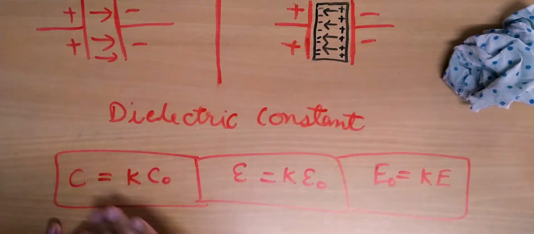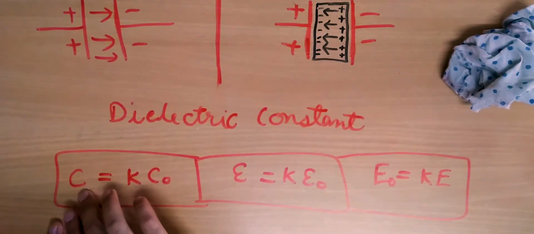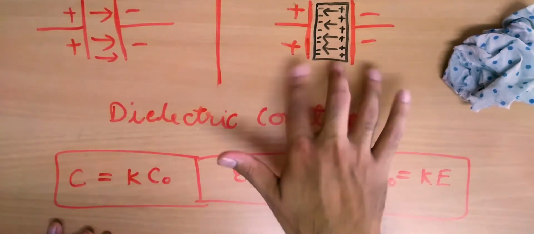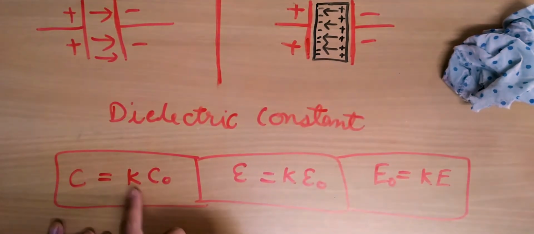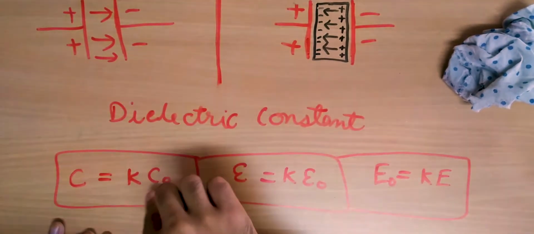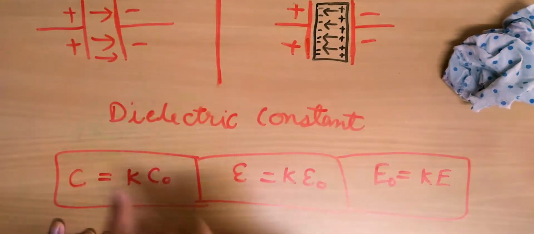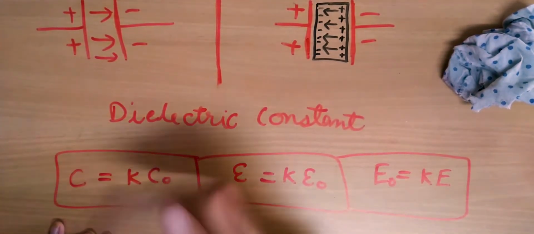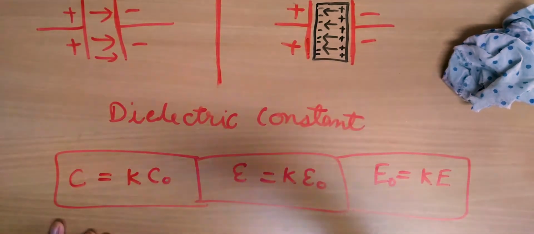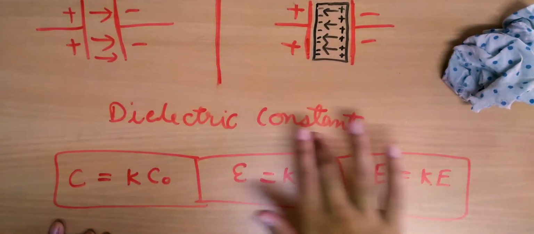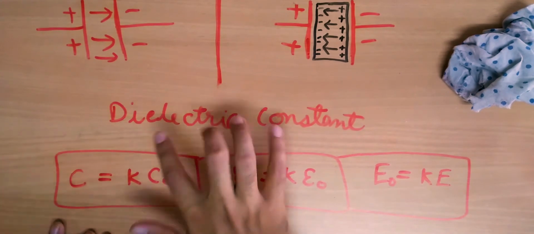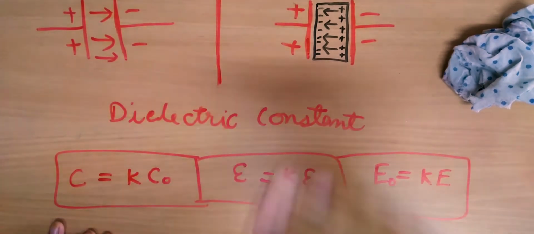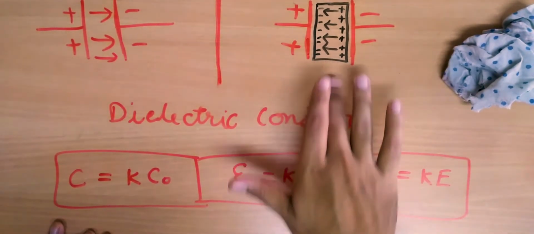In this equation it is telling us that the capacitance of the new capacitor with the dielectric equals K times the original capacitance. So upon adding the dielectric, the capacitance has increased by a factor equal to K, the dielectric constant. So the dielectric constant tells me the factor by which the capacitance increases once I add the dielectric.